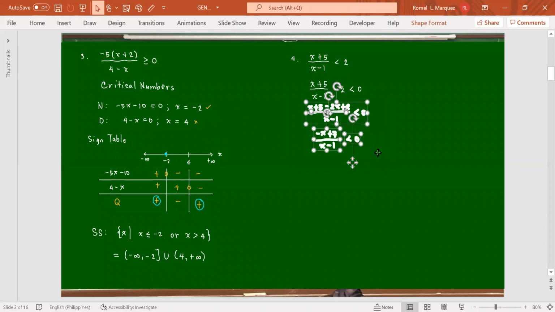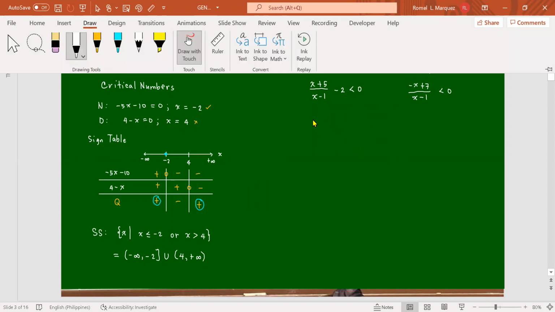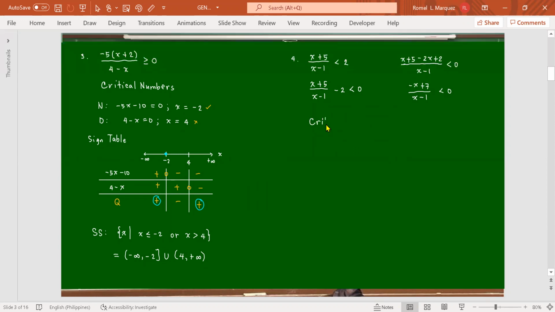Okay, I put it here so that we have enough space. So what are now the critical numbers?